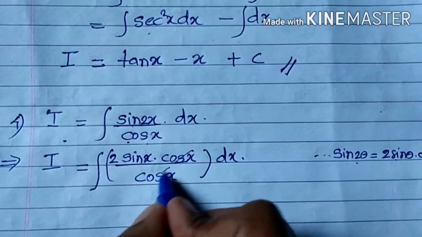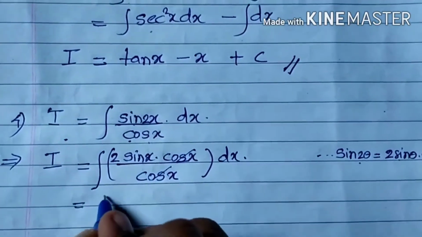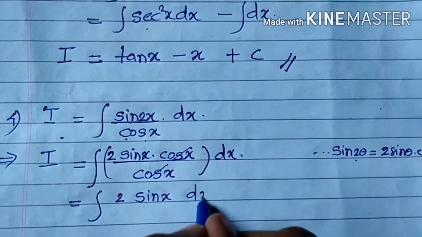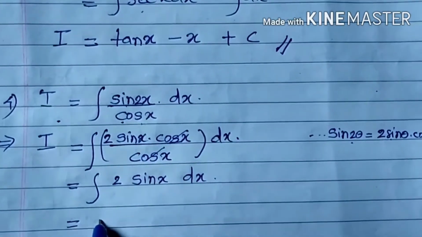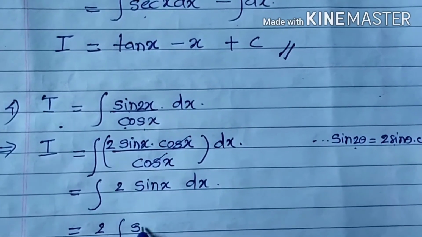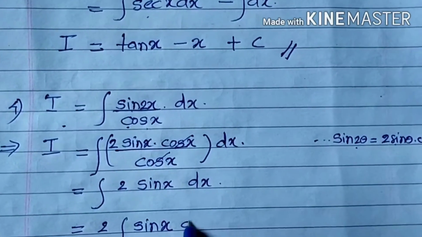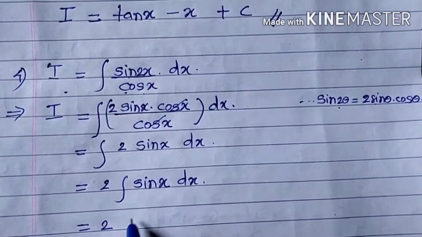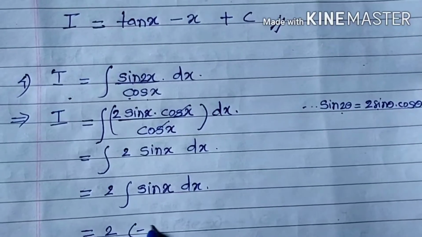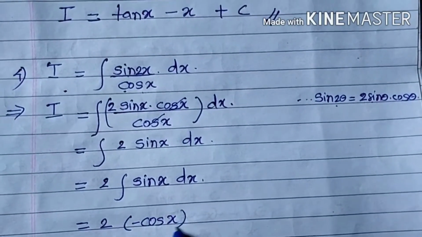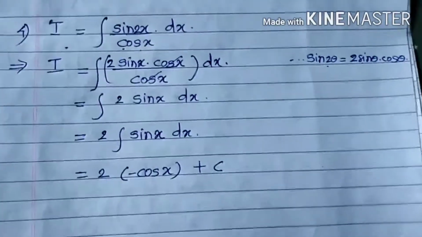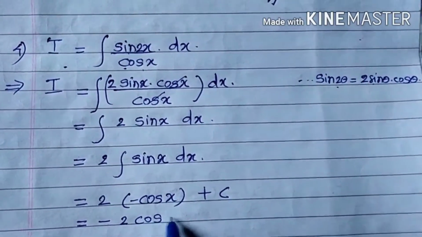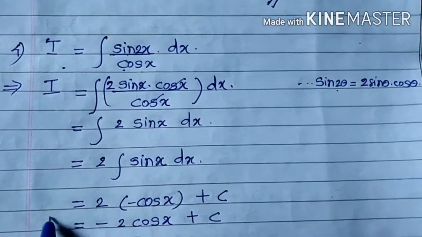This cos x gets cancelled. So only remaining 2 sin x dx, where 2 is constant, take outside of integration. Only integration of sin x dx. Now integration of sin x is minus cos x plus c. So you can write like that, minus 2 cos x plus c.